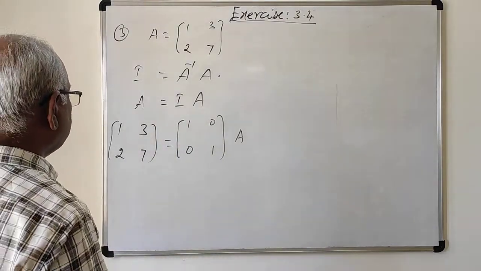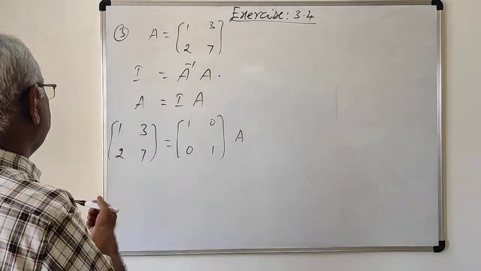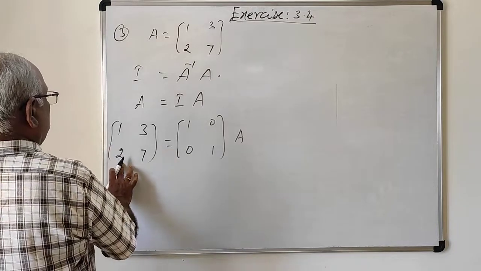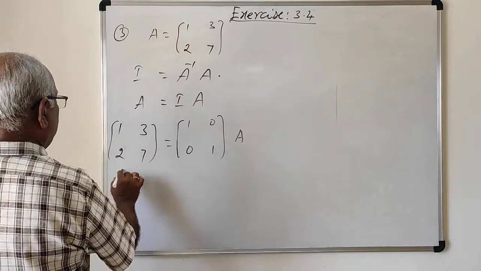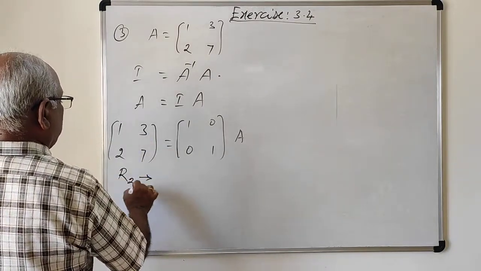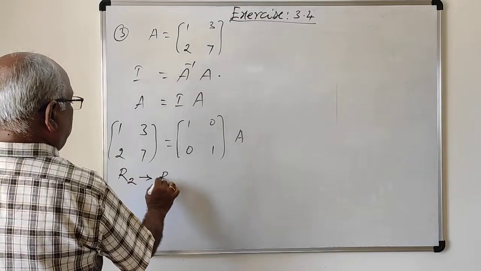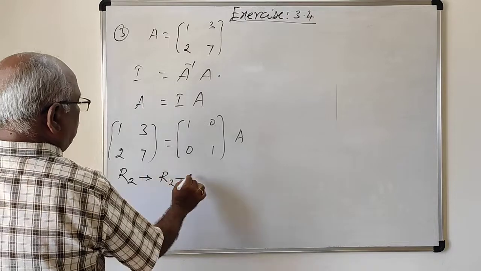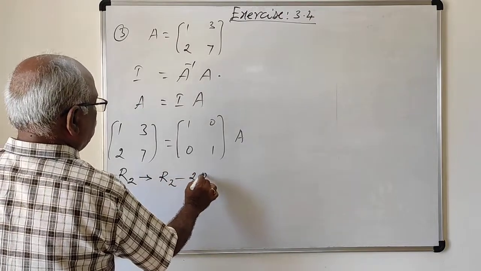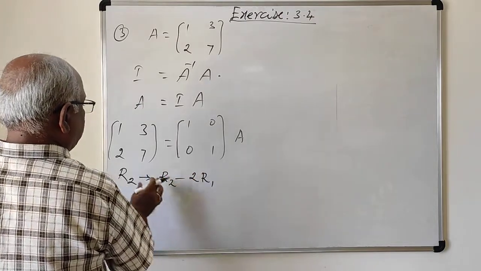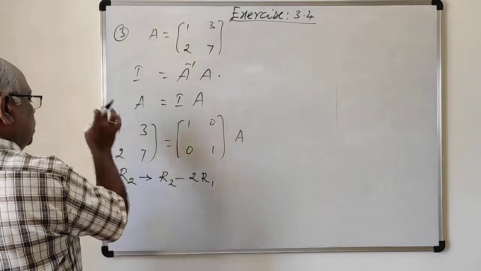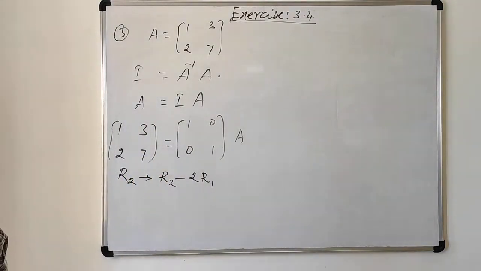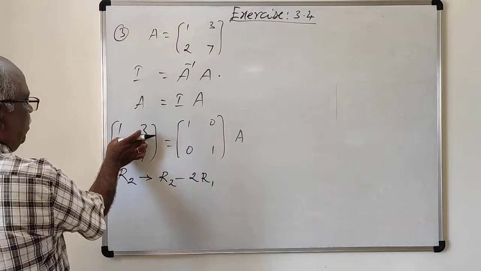Now, row operations. R2 minus 2R1. I am going to operate on R2 by subtracting 2 times R1, that is, the elements of R1 are multiplied by 2.